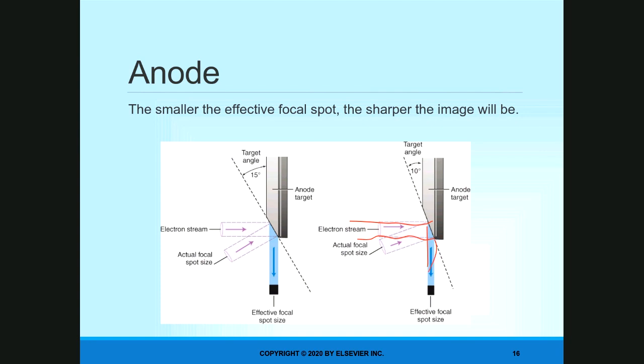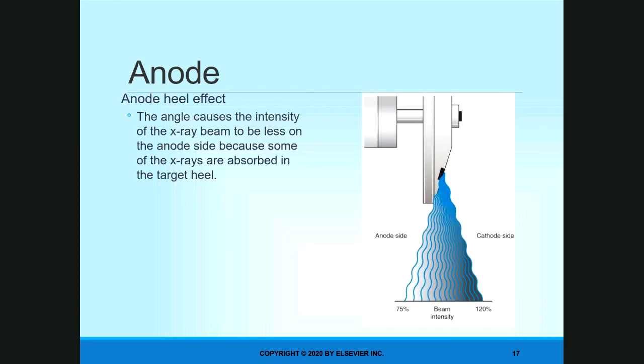Now, when I'm talking about how much is actually coming across and interacting with that, we're also going to look at the anode heel effect. But when we talk about this, this is all radiation. Notice this is all in wave form right here. So this is your primary beam, and this is the target angle.